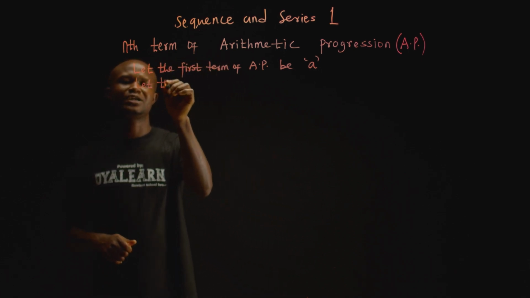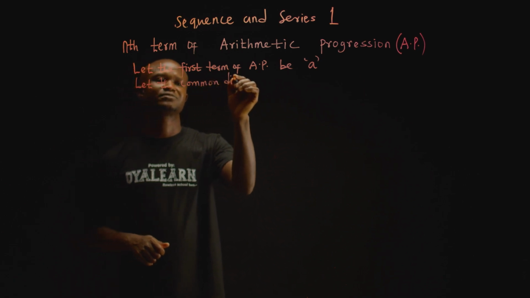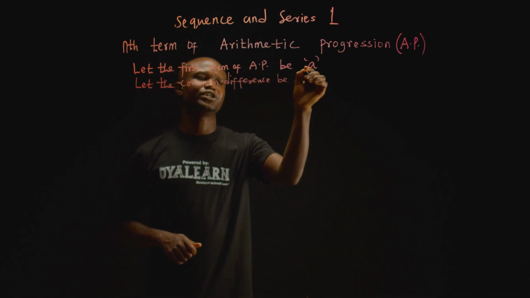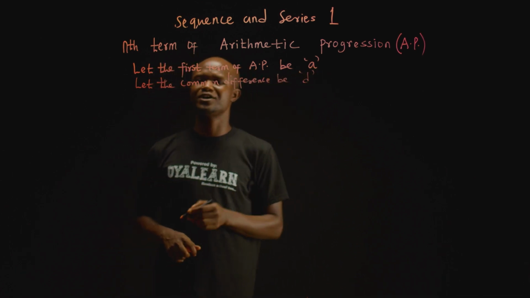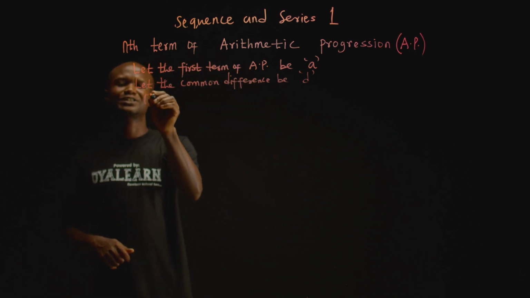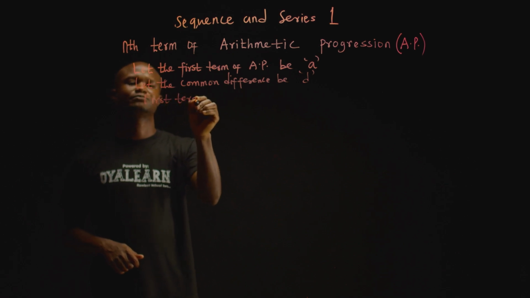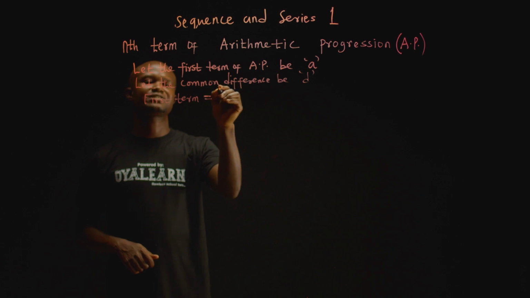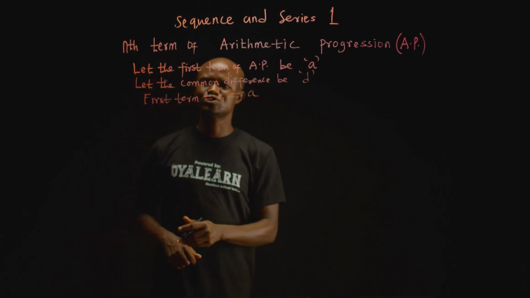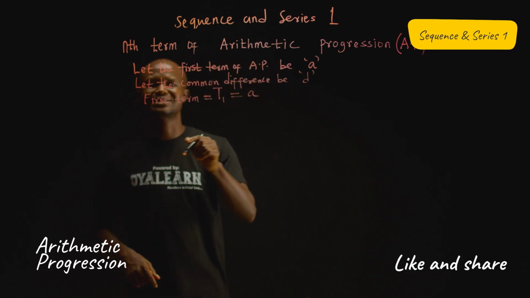Let the common difference be D. If the common difference is D, then when you have the first term, which is T1, we can write A. Then to get the next term, we are going to add D to the first term.